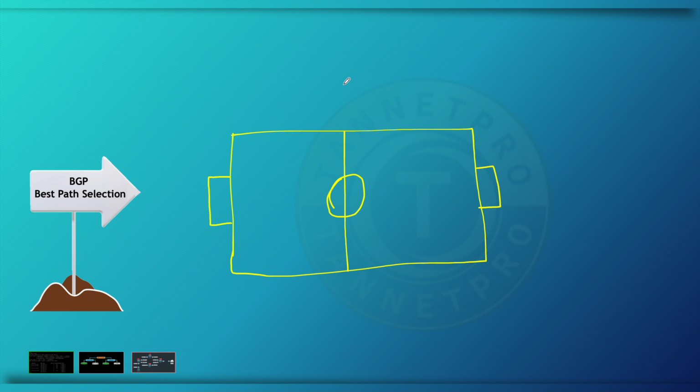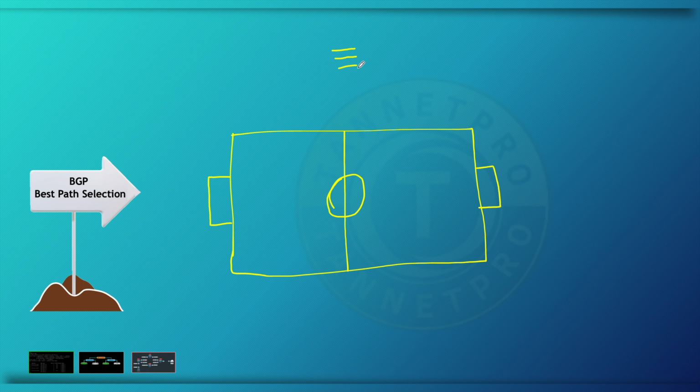To get the result, who is the winner, we have to go through multiple criteria, right? First, a referee does the toss, then one team elects to start the game. Then we play for 90 minutes. Still, if the result does not come out, in that case it's a tie. Then we go to another process, that is extra time.